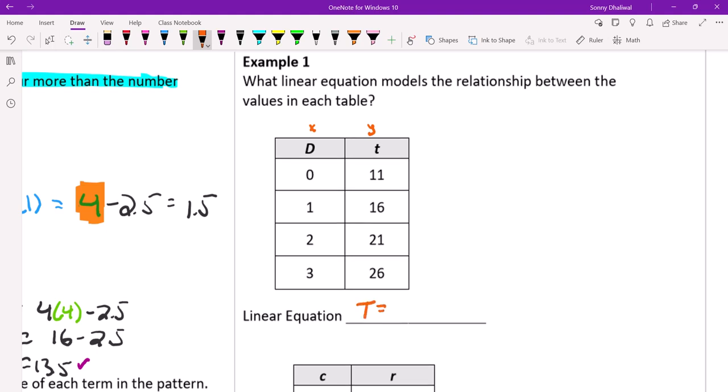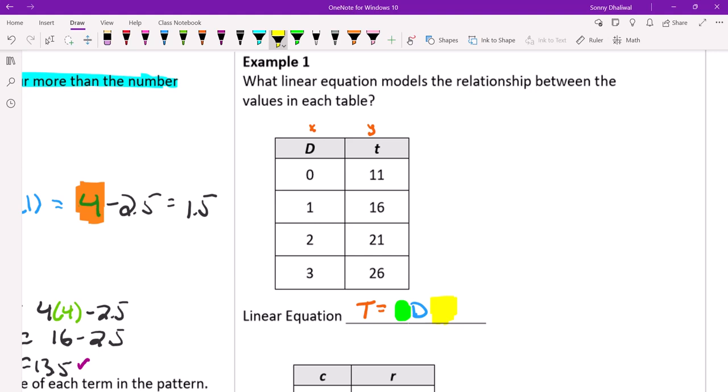All right? Then we needed to figure out two numbers, right? So we have a number, a coefficient in front of our x. In this case, we're using the letter d. Then plus or minus another number, right? The coefficient in front describes the pattern.